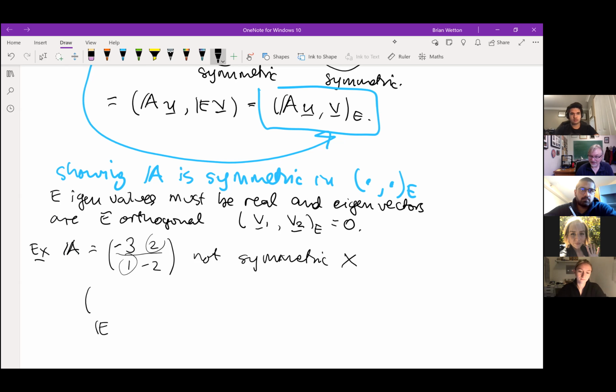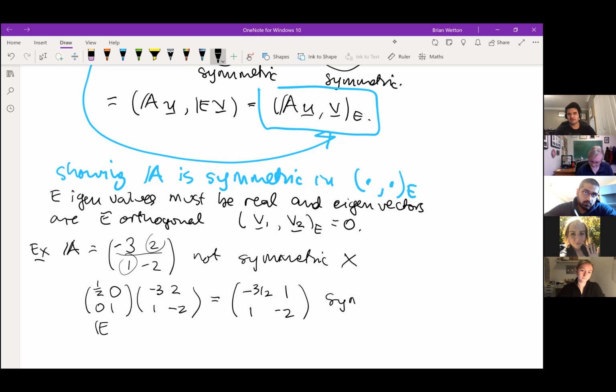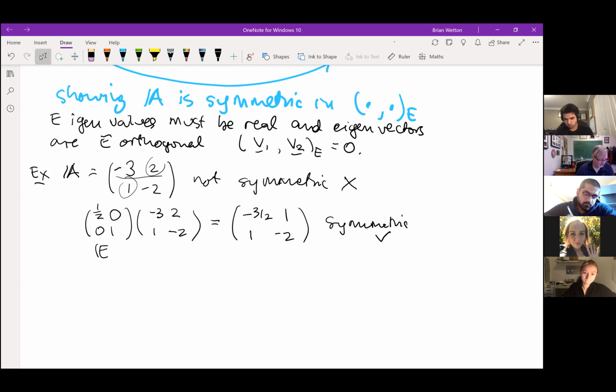It's going to be one of these diagonal matrices with positive entries, so I know it's symmetric and positive definite, right? And if I take that matrix times this one that isn't symmetric, then I get minus 3/2, 1, 1, minus 1/2, and that is symmetric. So I've made it symmetric.